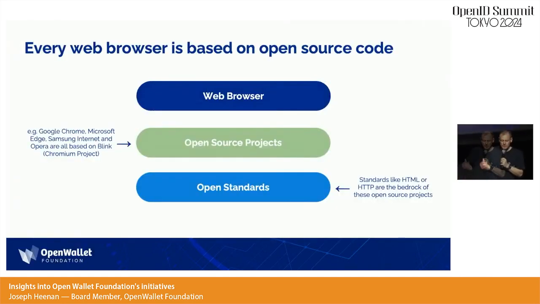To explain a bit about where OpenWallet Foundation came from, I'm going to draw a parallel with web browsers. Every web browser we have in the world today is basically based on open source code.